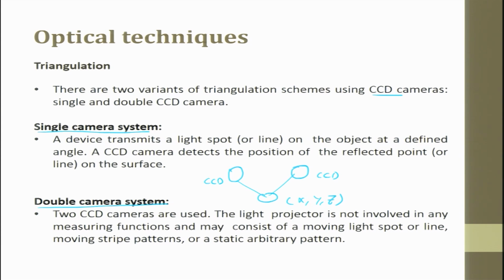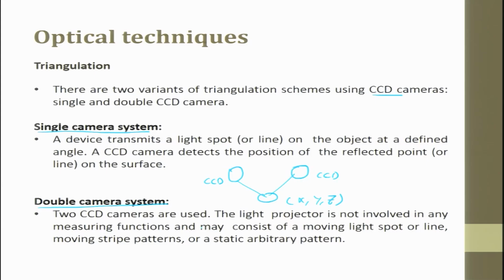These techniques, if you use a handheld reverse engineering tool to measure the distance of the entire car, then you can either use a single camera system or a double camera system to do reverse engineering and measure the spots. When we are talking about optical technique triangulation, let me draw the schematic diagram of the instrument.